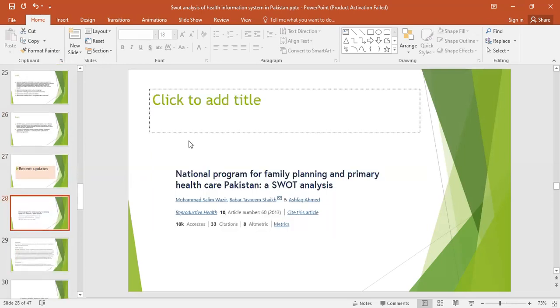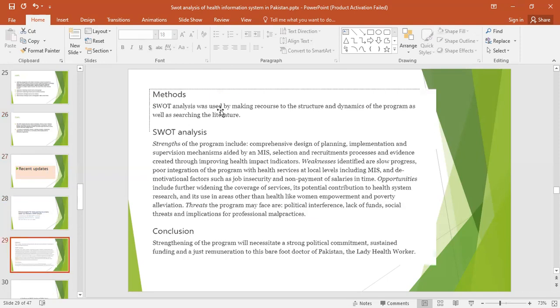This is one of the articles: National Program for Family Planning and Primary Healthcare, Pakistan, a SWOT analysis. SWOT analysis was used by making resources to the structure and dynamic of the program as well as searching the literature.